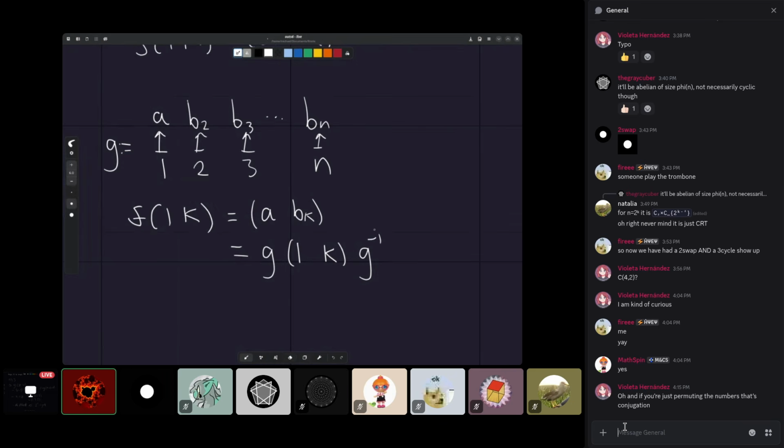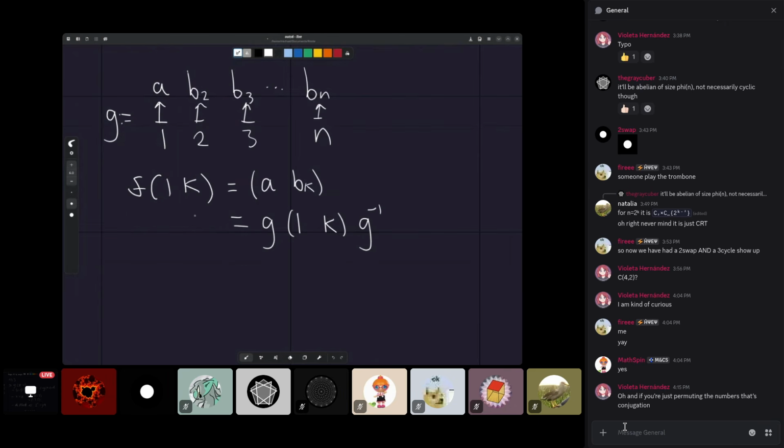G inverse will send A to 1. 1 then gets mapped to K, and then K gets mapped back to BK. So this sends A to BK, and similarly sends BK to A. So these two are equal. And so F acts by conjugation on 2-cycles of this form.